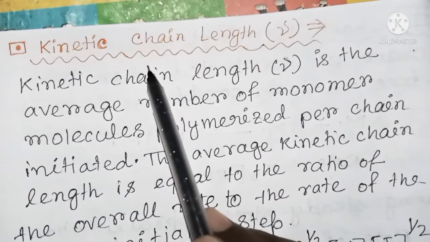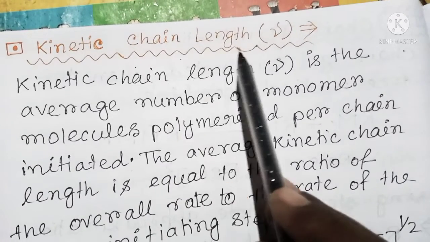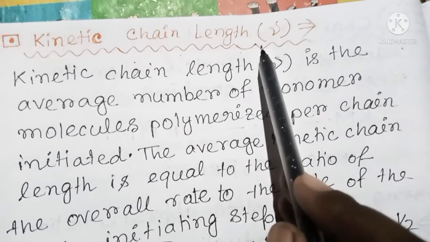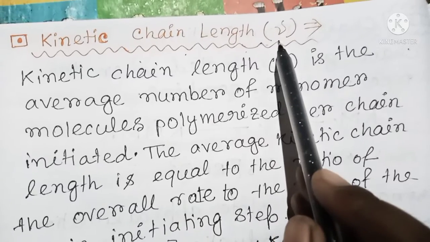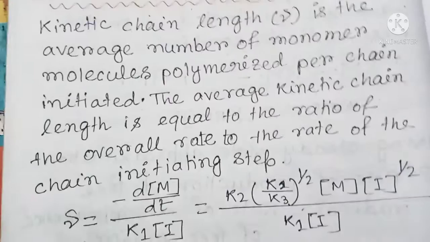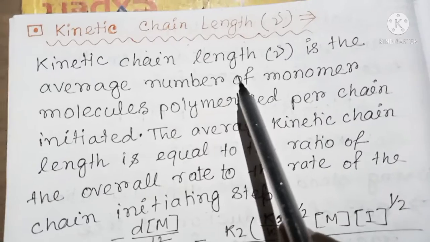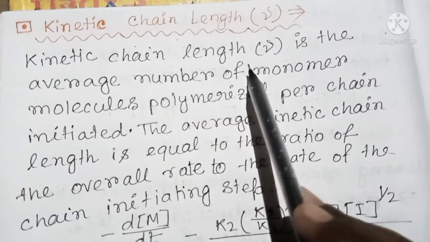Next is kinetic chain length. We denote this kinetic chain length by nu. What is kinetic chain length? Kinetic chain length nu is the average number of monomer molecules polymerized per chain initiated.